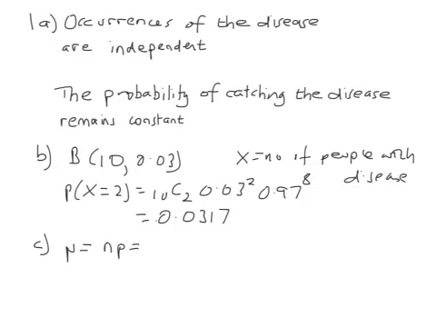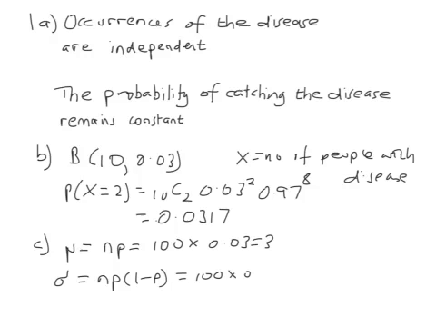We've got 100 people now, so it's 100 times 0.03, which is 3, and then the variance is np(1 minus p), so that's 100 times 0.03 times 0.97, which works out to be 2.91.